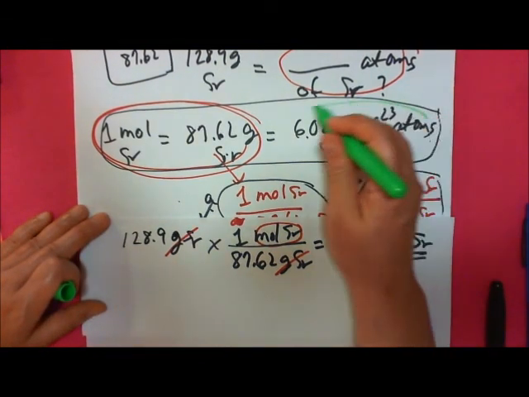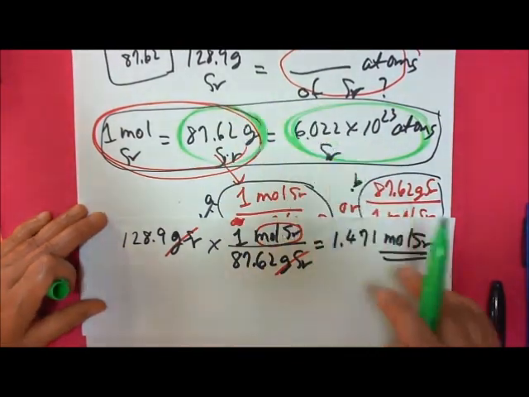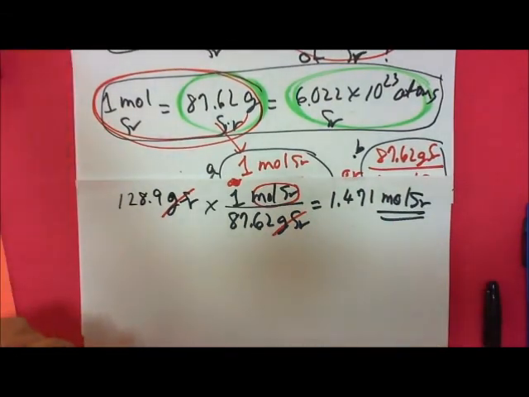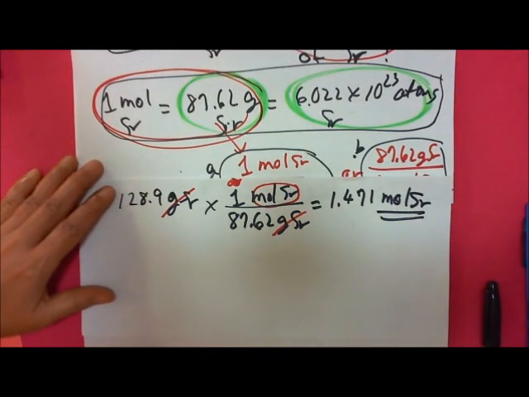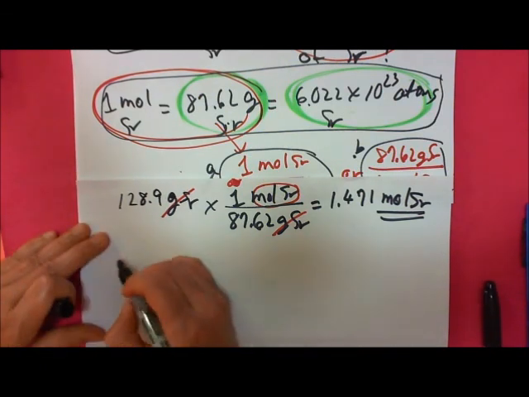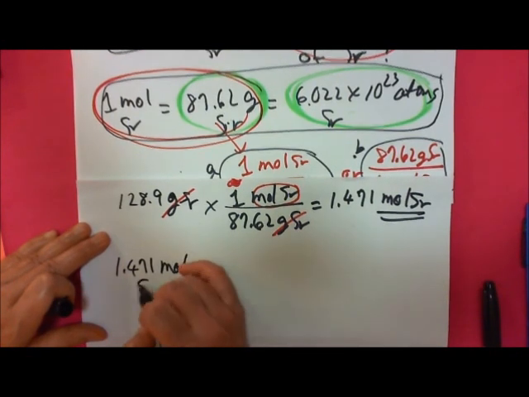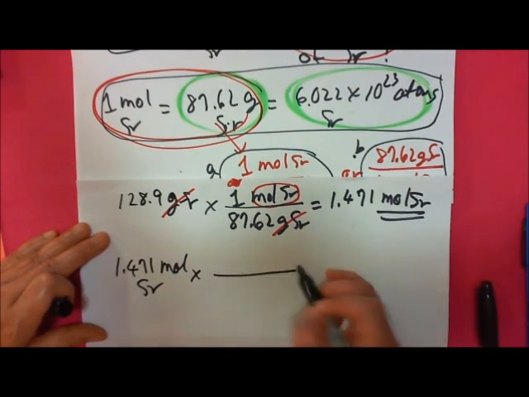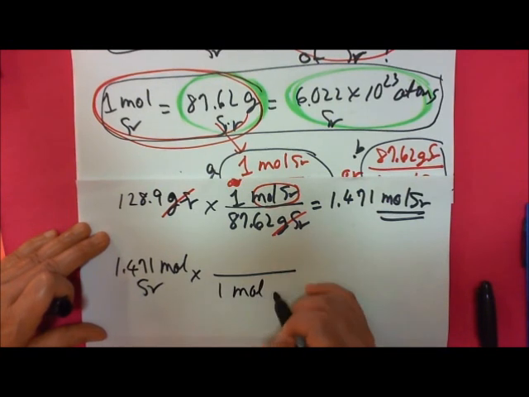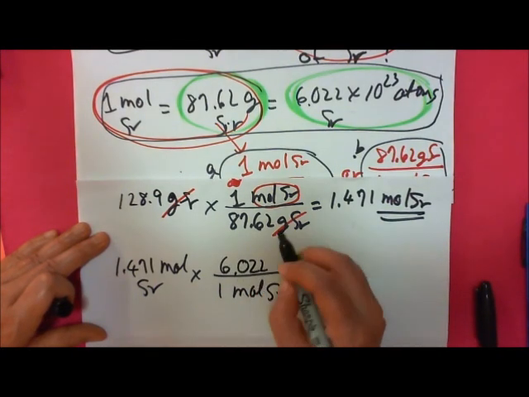I can go directly from grams to atoms, or I could just take the number of moles that I have and then convert that to number of atoms. So I can go 1.471 moles of strontium, and in 1 mole of strontium, or any element, there are Avogadro's number of atoms.